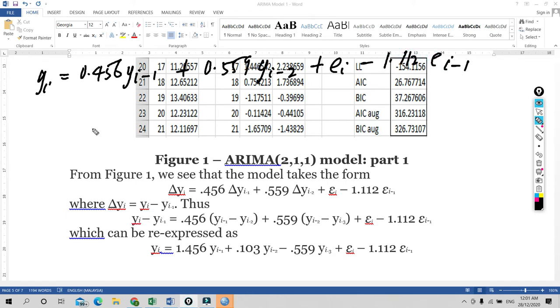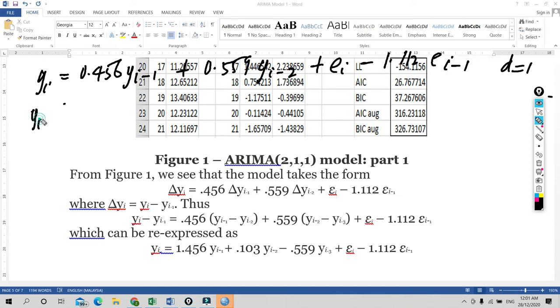Because we have a differencing just now, every y i here we minus the previous data. So y i here is actually, because d is equal to 1, we did a one differencing.